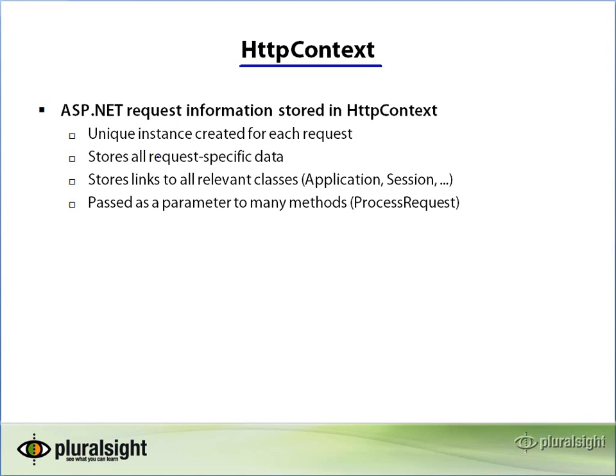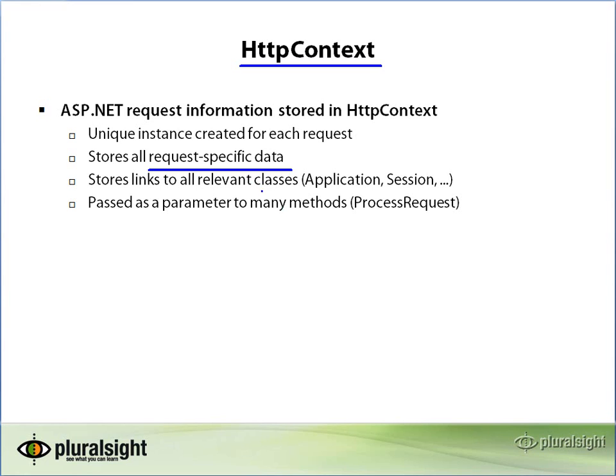And what's interesting about this class is it stores all the request-specific data that you might need to know. That's where you have reference to the request and response objects. In fact, as you've probably seen, the page class that we've been working with has access to request and response, but it turns out that those are really just pass-throughs onto the context object. So the context object is the ultimate holder of these request relative resources.